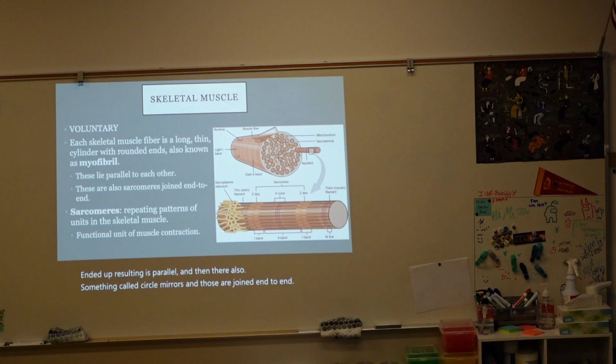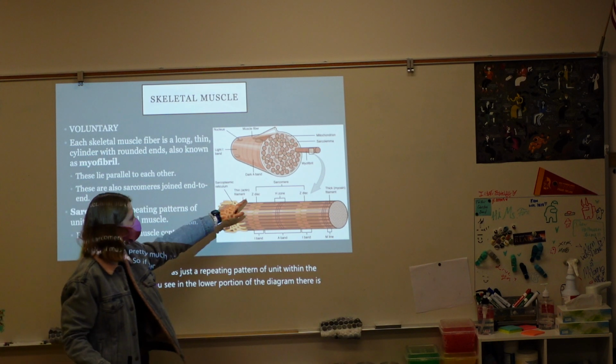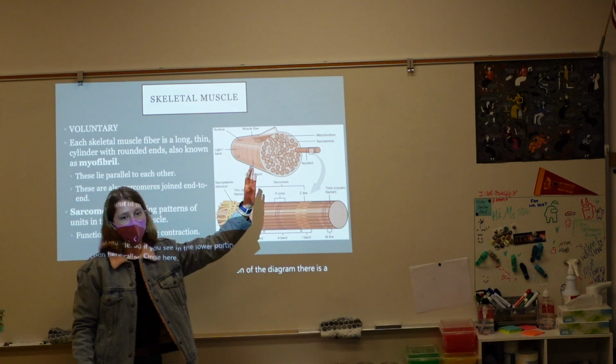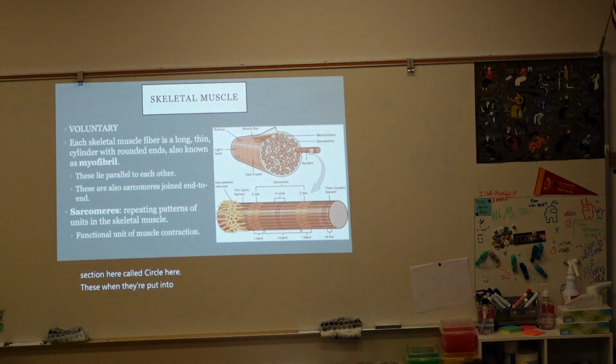Sarcomeres are pretty much just a repeating pattern of units within the skeletal muscle. So if you see in the lower portion of the diagram, there's a section here called sarcomere. When they're put end to end, you have just a repeating pattern of that section. And sarcomeres are also known as the functional unit of muscle contraction.